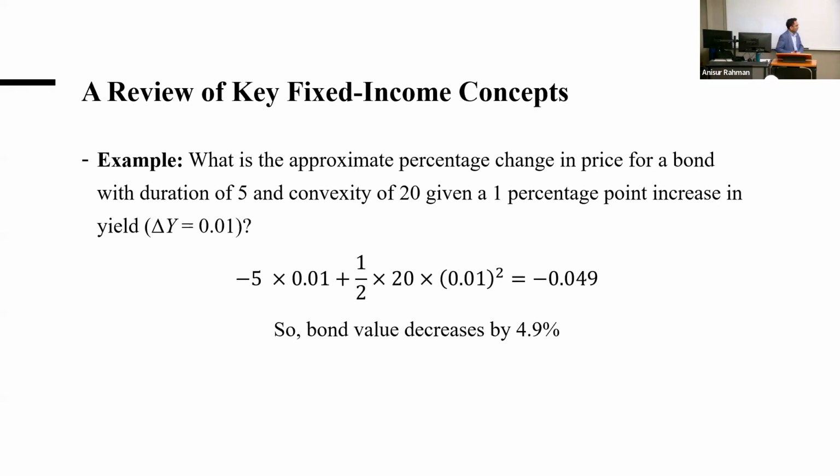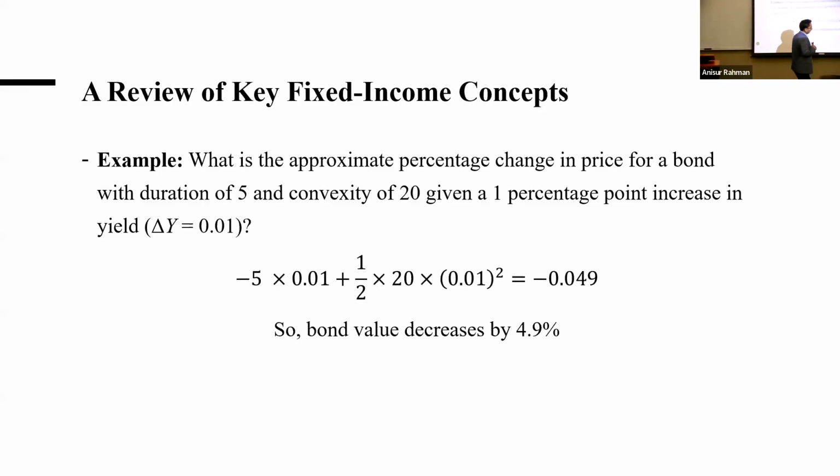Now, can anyone tell why in this formula we have a negative sign in front of D? Because you start with negative. Yeah, but why does the formula have a negative? Inverse relationship. Exactly. Remember, bond price and interest rate are inversely related.